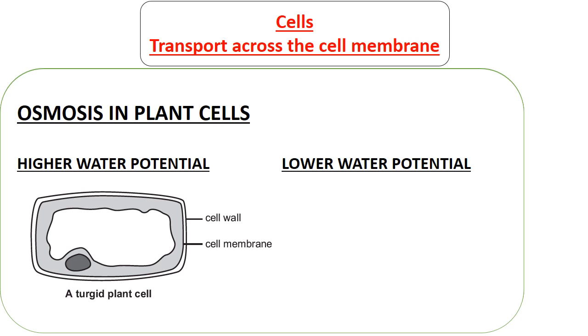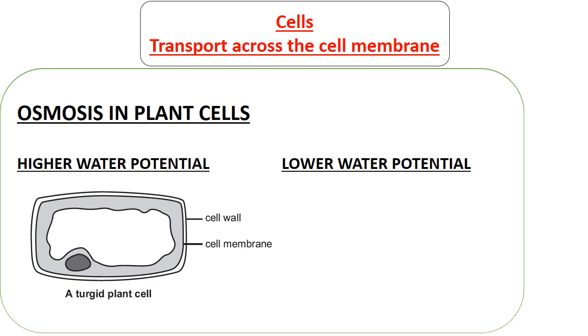So the vacuole is pushing the cell membrane, the cell membrane is pushing the cell wall, and the cell wall is pushing back. A cell in such a state is termed to be turgid, and the pressure that the vacuole and the cell membrane apply to the cell wall is called turgor pressure. We're going to see the beauty of turgor pressure just in a few seconds.